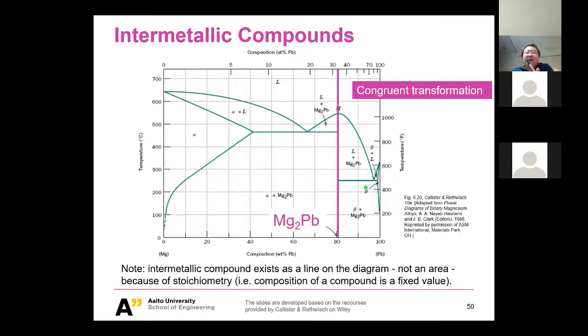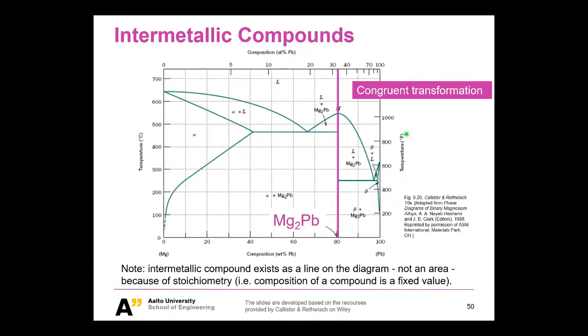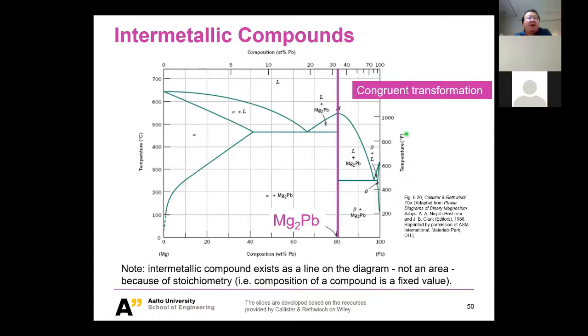This kind of transformation, going from solid to liquid, is called congruent transformation, meaning a transformation that doesn't involve any change of your chemical composition. Actually, this is the kind of thing you always see in a unary diagram, for example, where you heat up your water or cool it down, the composition does not change. So this kind of transformation also has its unique name.